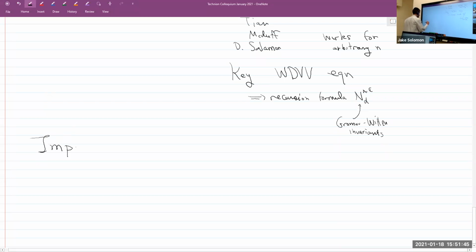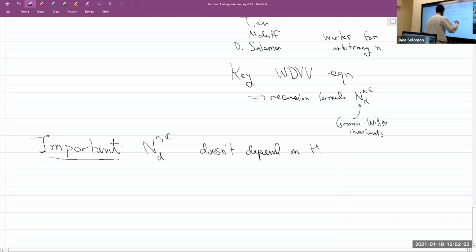For this whole discussion to make sense, it's important to notice that this N_{d,C} doesn't depend on the choice of the points in C^n that you have to pass through.